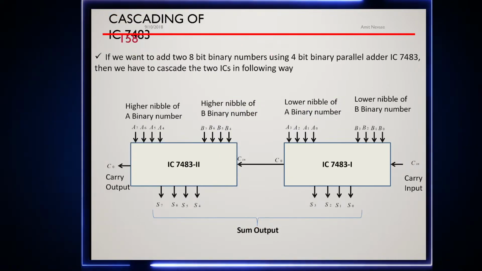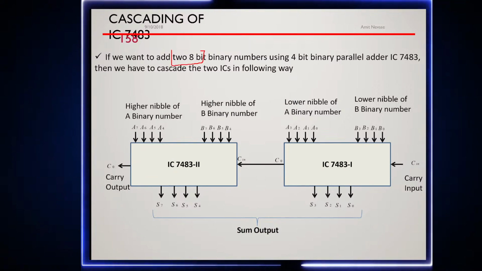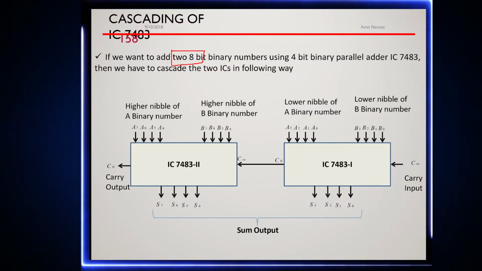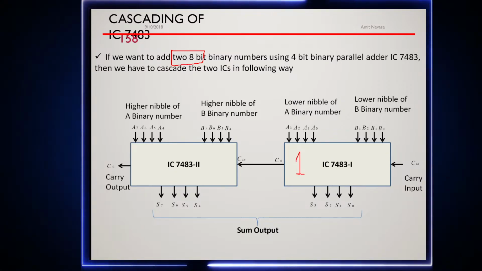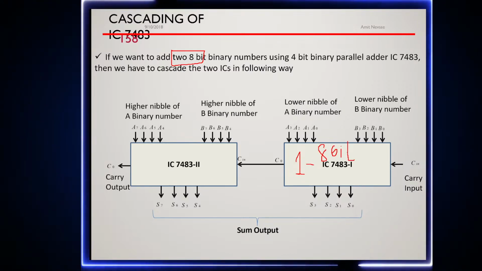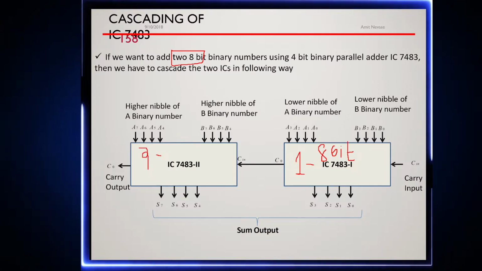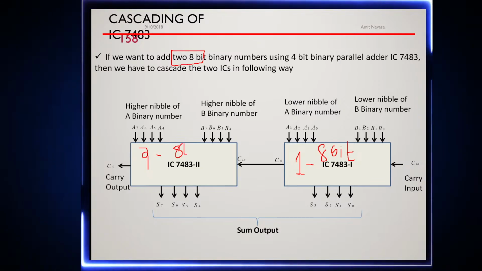Now what if we cascade it, right? If we want to add 8-bit binary numbers, then we would cascade two 7483 ICs. The first IC will help us give the input of the first 8-bit number, and the second will help us give the input of the second 8-bit number, right?